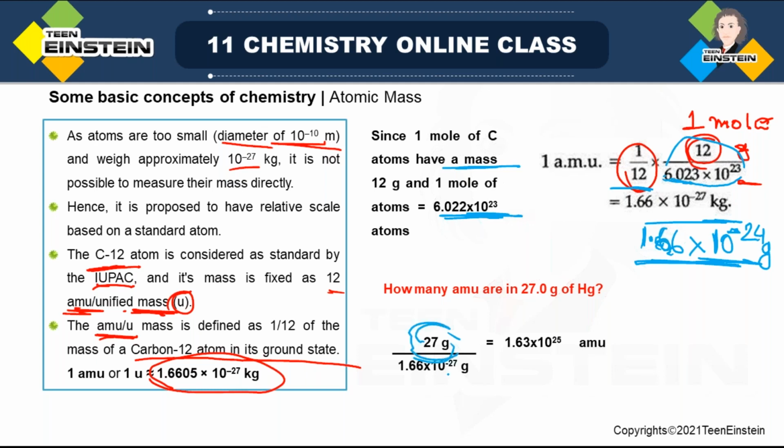So if you want to know how many AMUs are present, you have to multiply with this value. Sorry, it will be kg, because it is minus 27 given. If it is minus 24, it will be gram. Okay, so in this way we can convert AMU to mass in gram or vice versa.